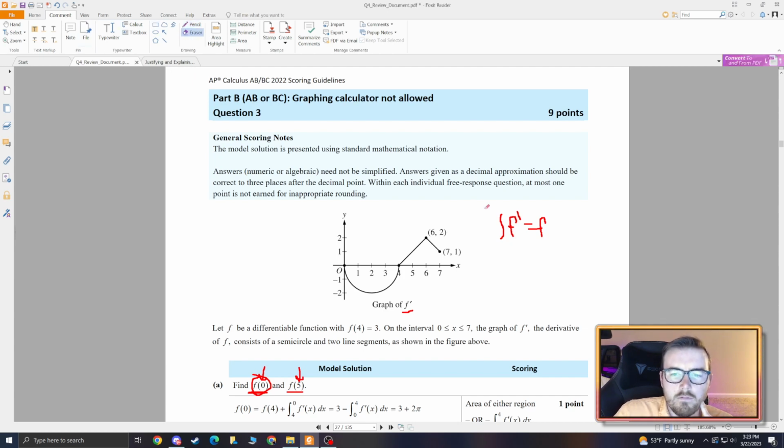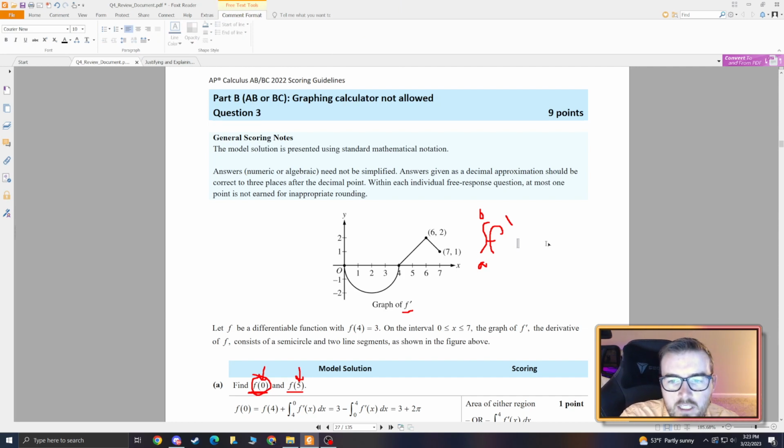Well, when you integrate f prime along a certain set of bounds, what are you finding? This is equal to the change in f along the interval.